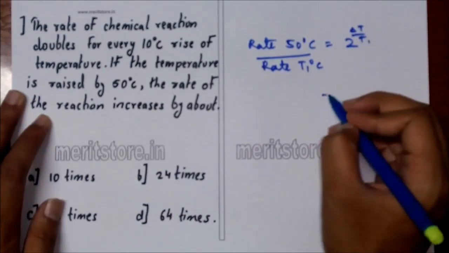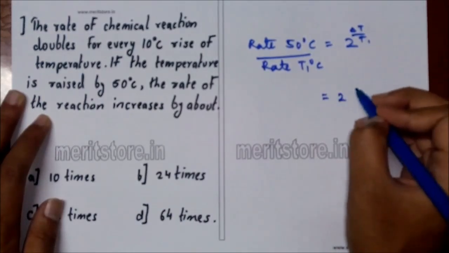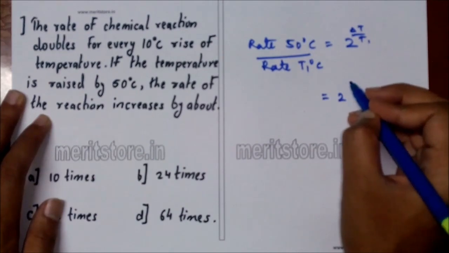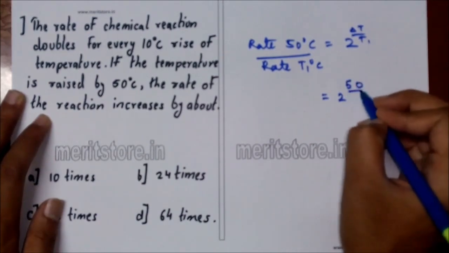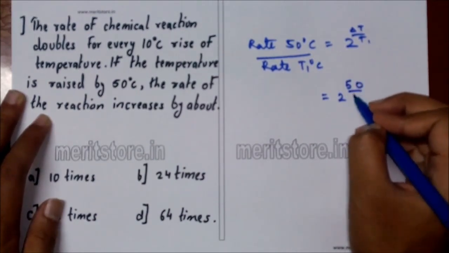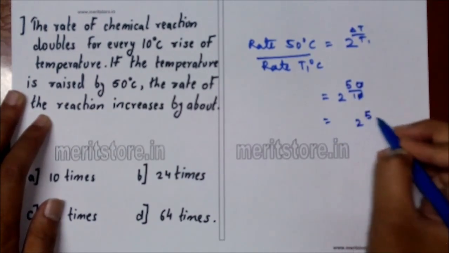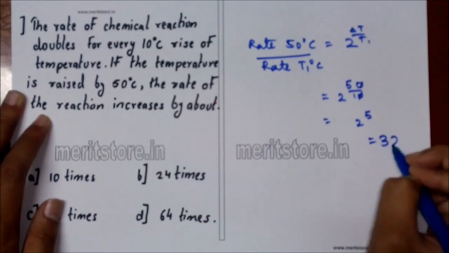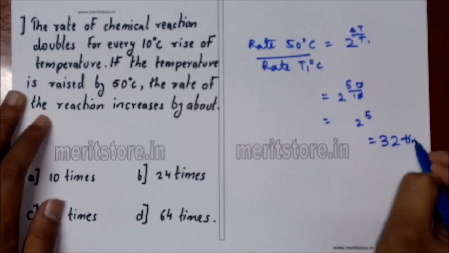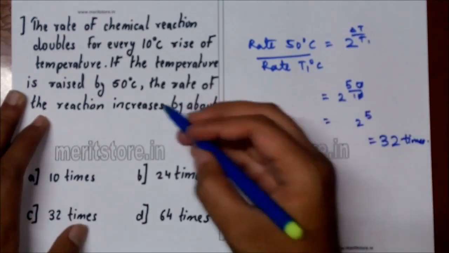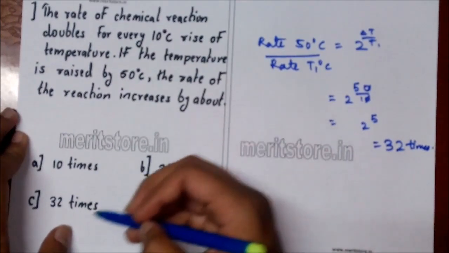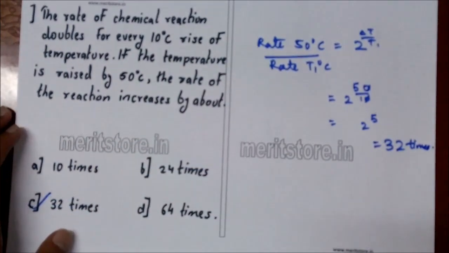So we can write the value as 2 raised to 50 upon 10. By cancelling this we get 2^5, which is equal to 32 times. So the rate of the reaction increases by about 32 times. Option C is the correct answer.